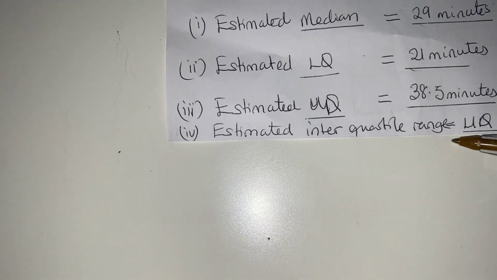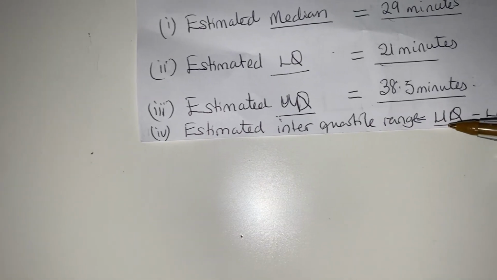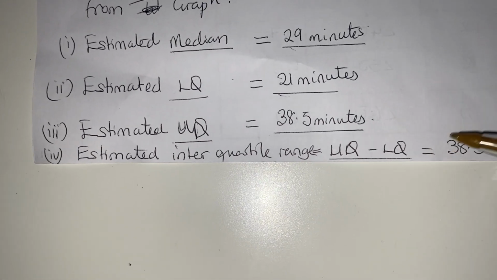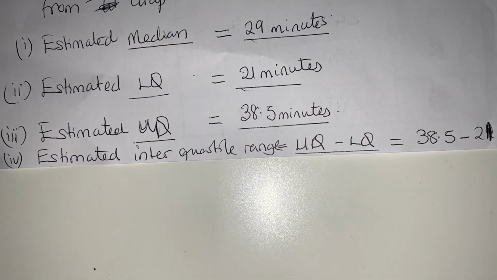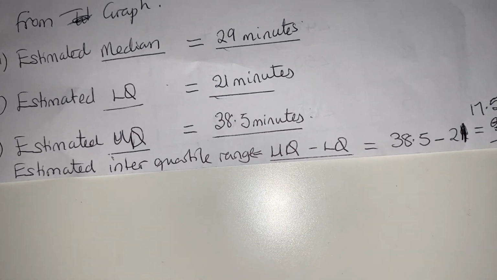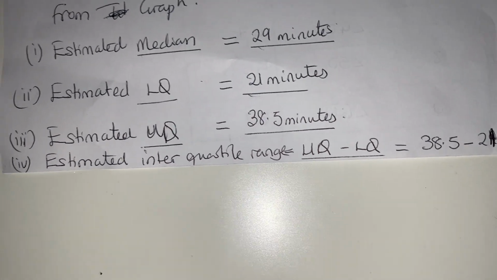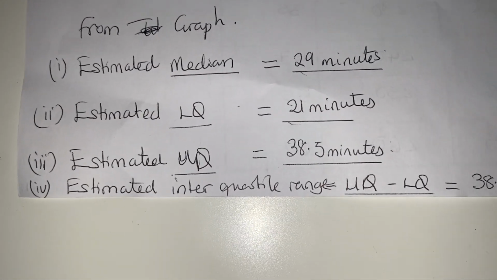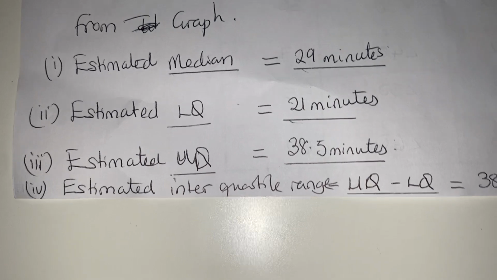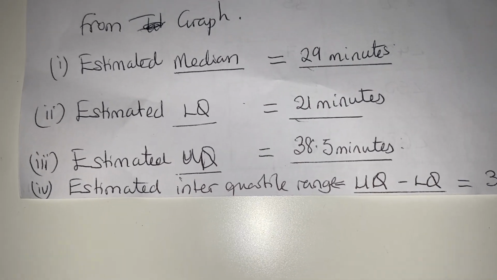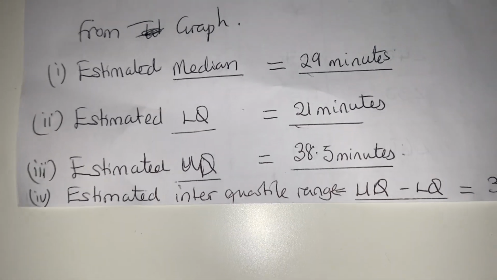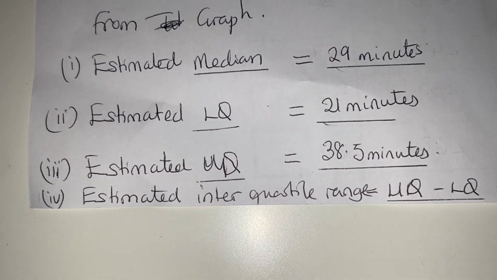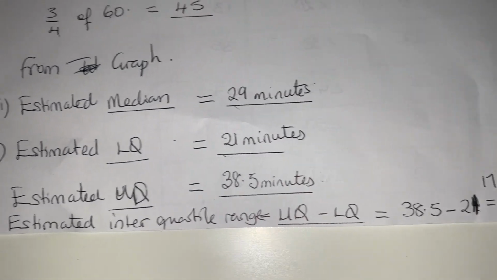The interquartile range will be the upper quartile minus the lower quartile, which is 17.5 minutes. Here we can have 17.5 minutes because it will be 17 minutes and some seconds. So we are allowed to write that down, unless they tell us to leave it to the nearest minute or the nearest whole number.